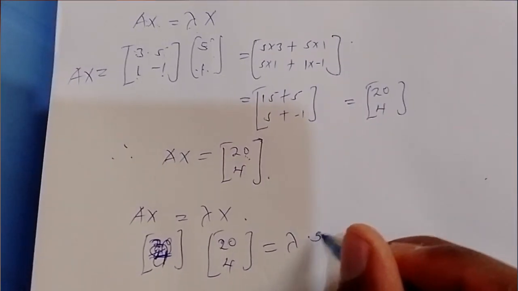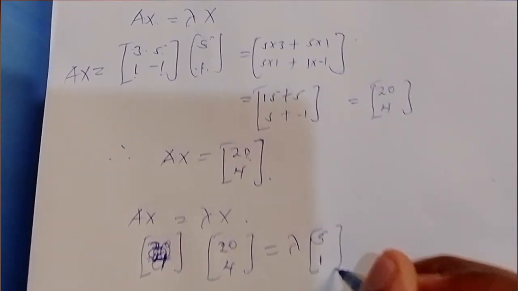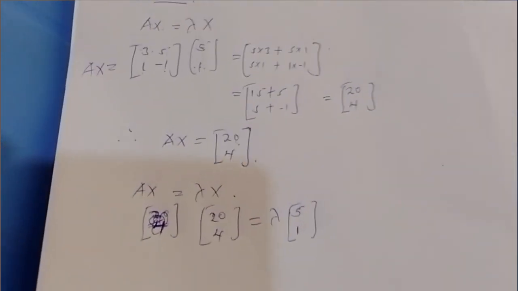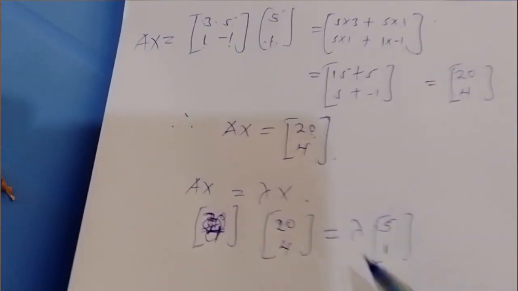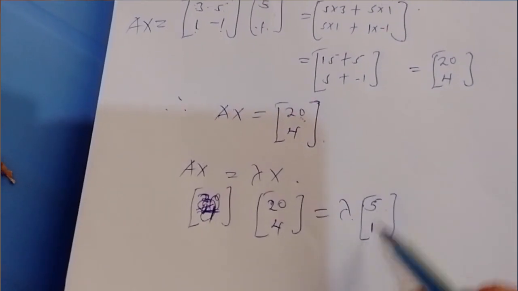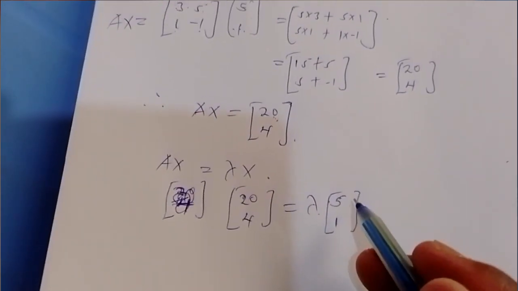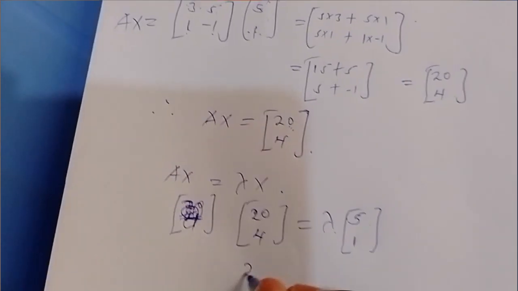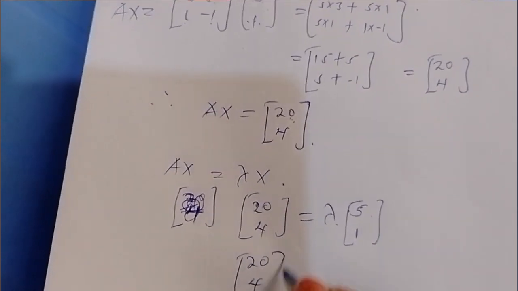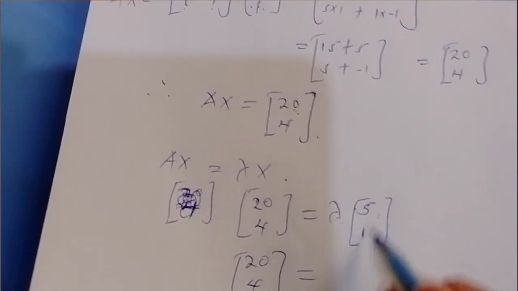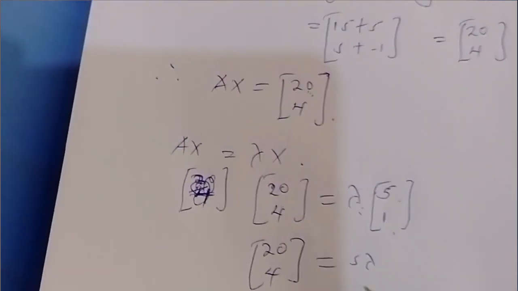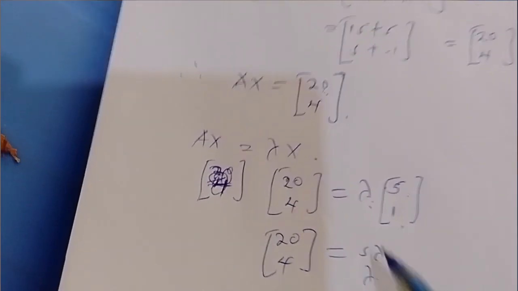To get the value of lambda, you multiply lambda by each of the elements in this column matrix. So 20 is equal to 5 lambda, and 4 is equal to lambda.